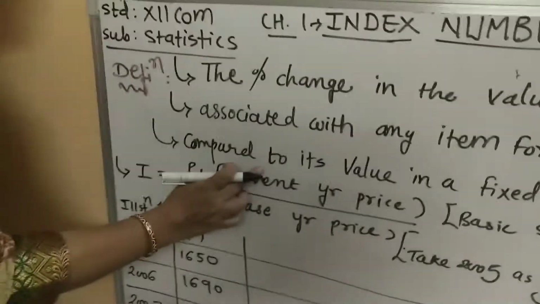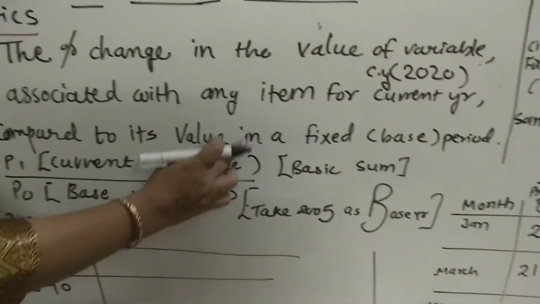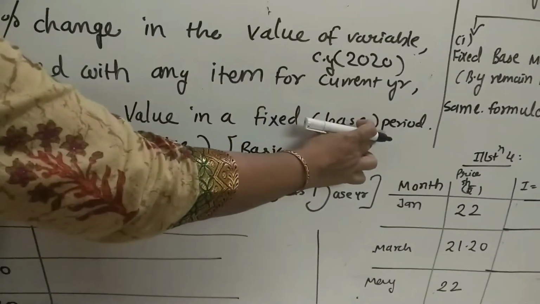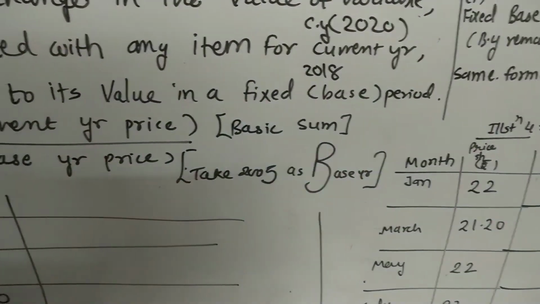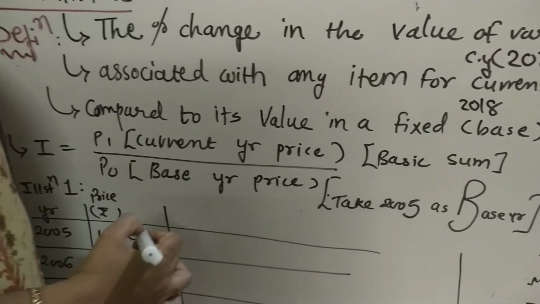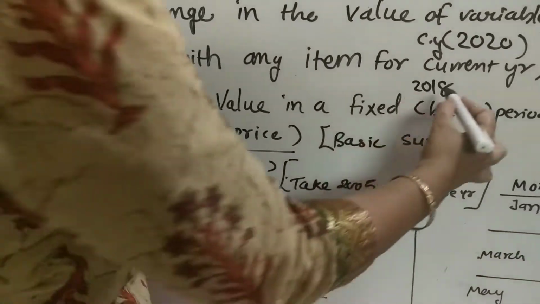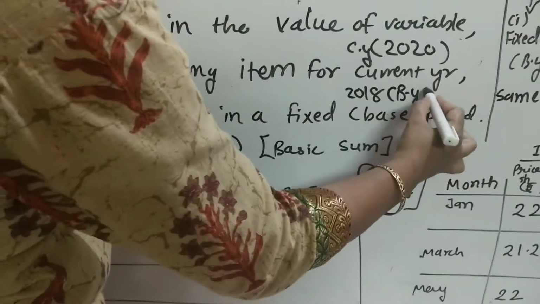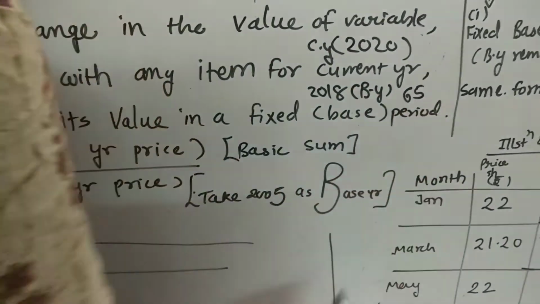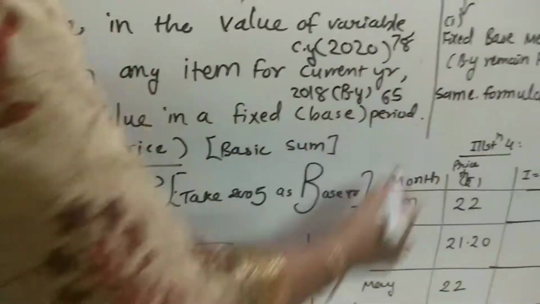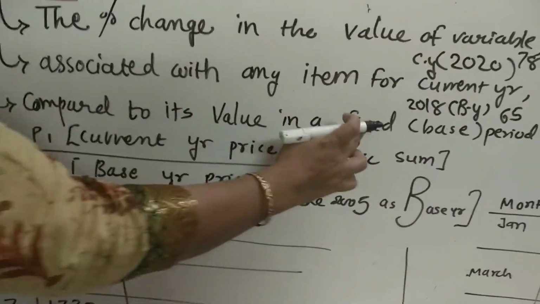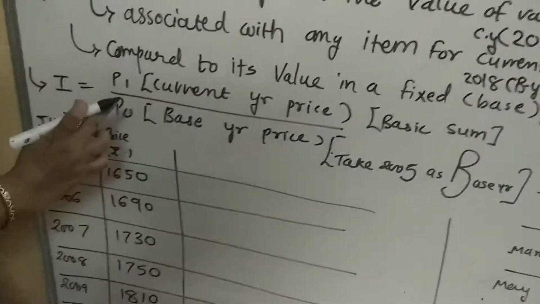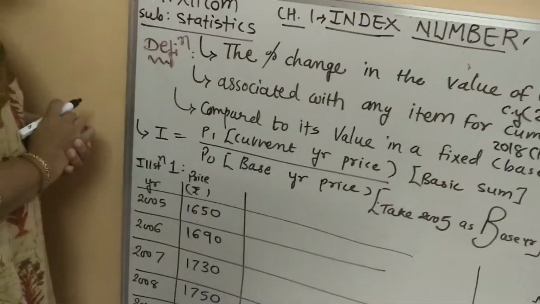If it is compared to its value in a fixed base period, for example 2018 which I consider as my base year or previous year, for example its price was 65 rupees and here it is 78. So if it is compared to its value in a fixed base year period, it is called index number.